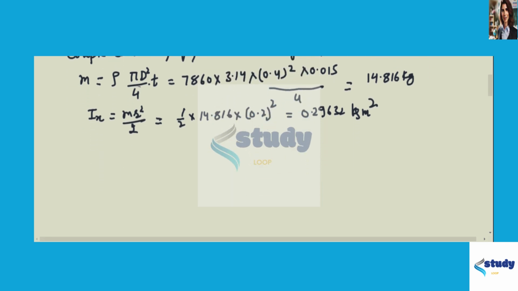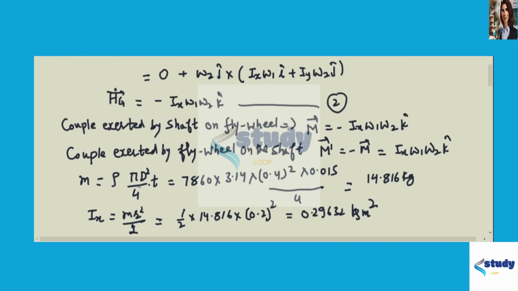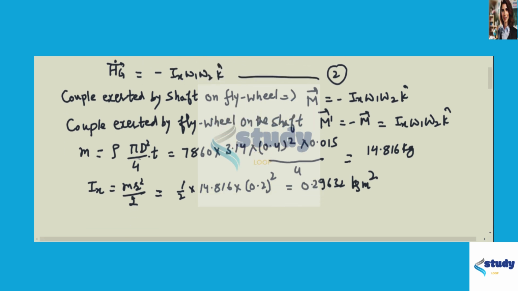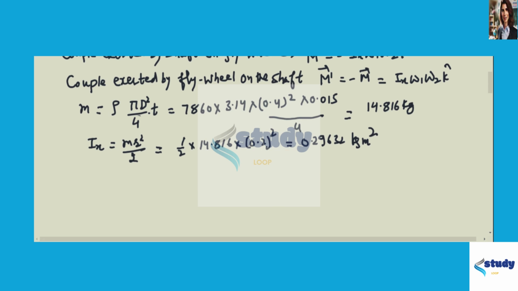Now you can find M dash using equation 2. M dash will be Ix, that is 0.29632, omega 1, 282.74, into 0.125 k cap.